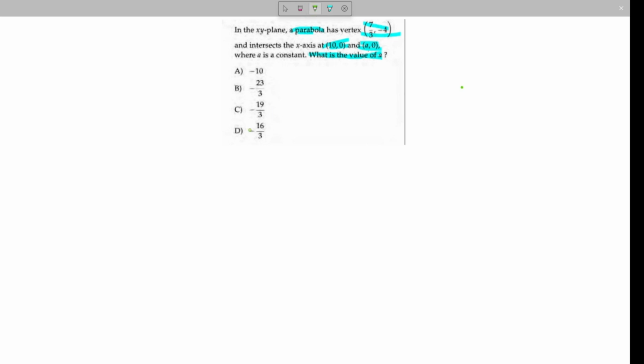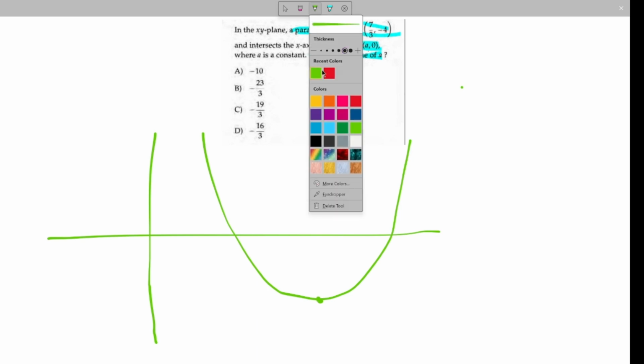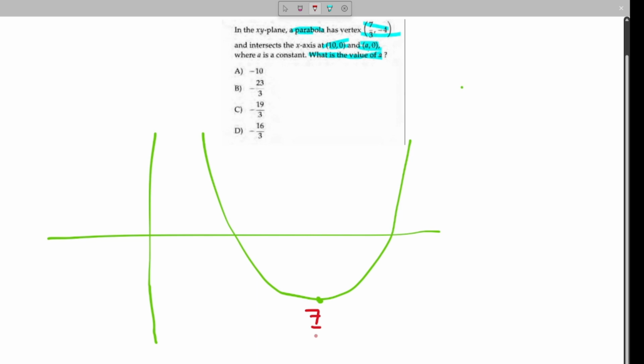So let's see the graph of the parabola first. The parabola can be like this. We are given the point of the vertex, let's say this is the point of the vertex and its value is (7/3, -4).